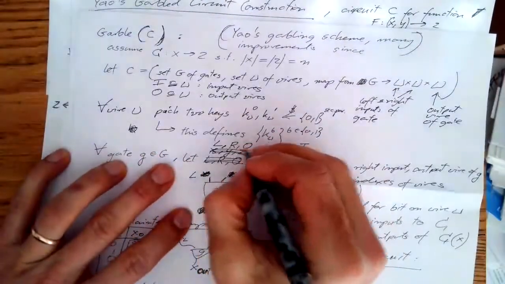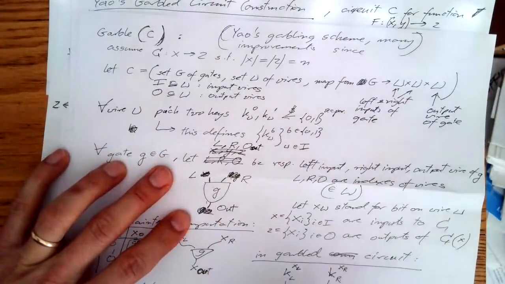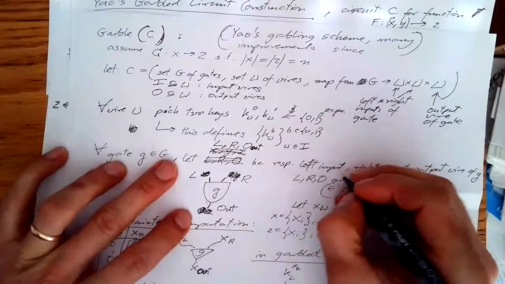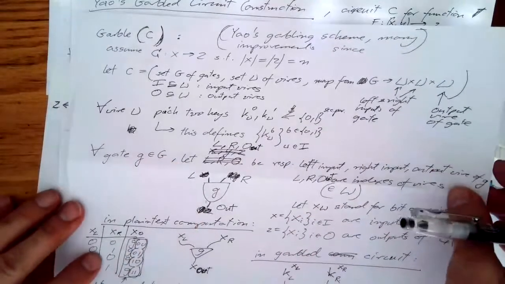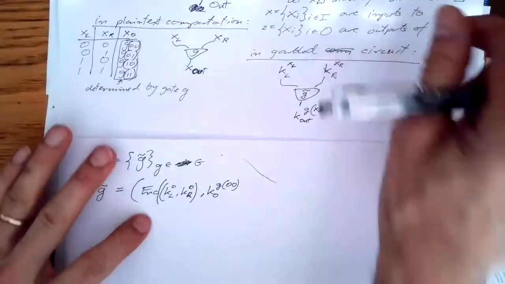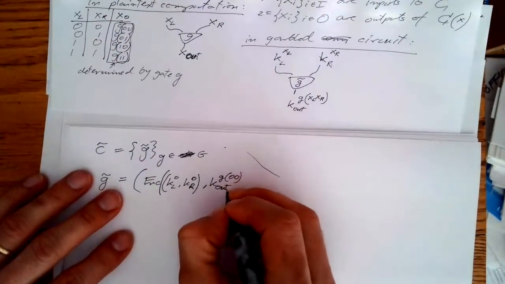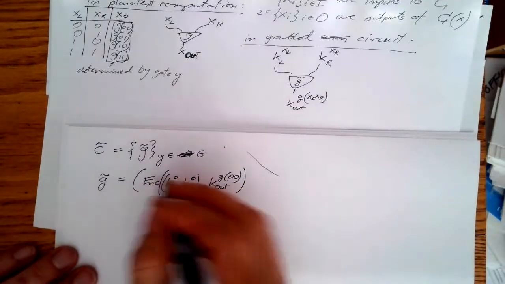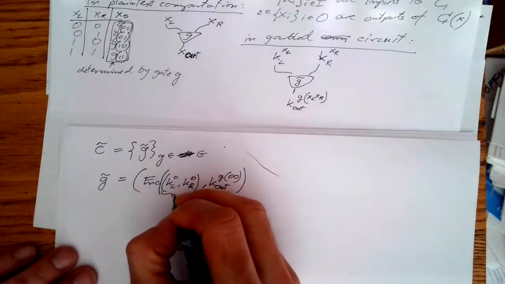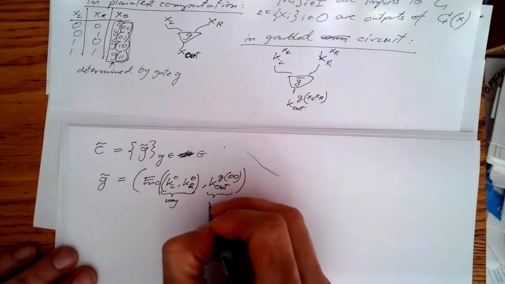So here L, R, and out are indexes to the wires on this gate. Okay. So this is the key corresponding to the out wire. This is an encryption where this is a key, and this is a plain text.